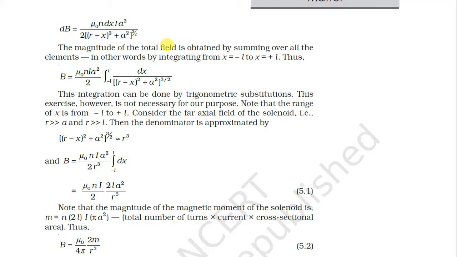Since x and a are small compared to r, we consider only r, so the 2 cancels out and we get r cube. So now we have mu 0 n I a square upon 2 r cube.